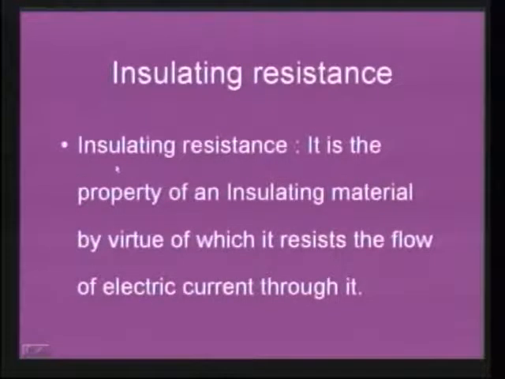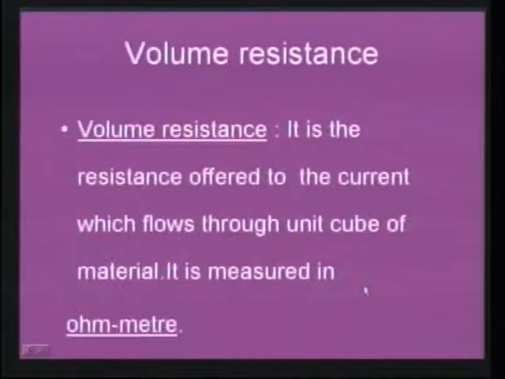The insulating resistance is the property of an insulating material by virtue of which it resists the flow of electric current through it, that is by the property by which it will not allow the current to flow through it. It is of two types. One is volume resistance and the other is surface resistance.